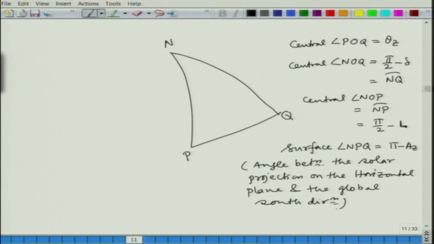Okay. So, that was a mistake I made. Please correct it. This is pi minus AZ, and for the angle NOP, which is the central angle, that is pi by 2 minus L.